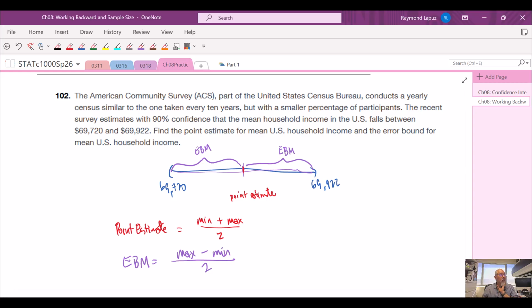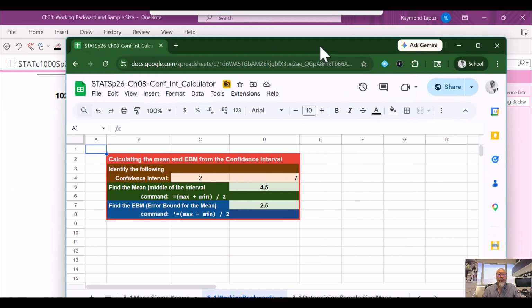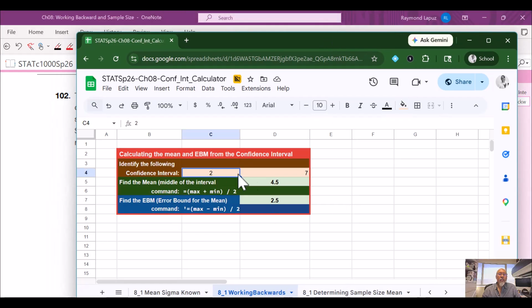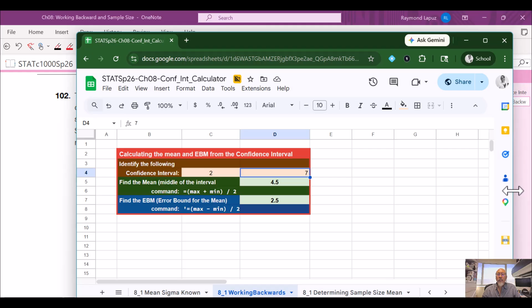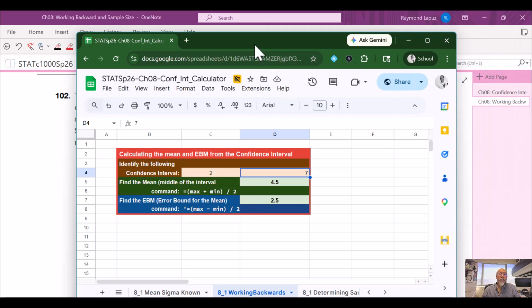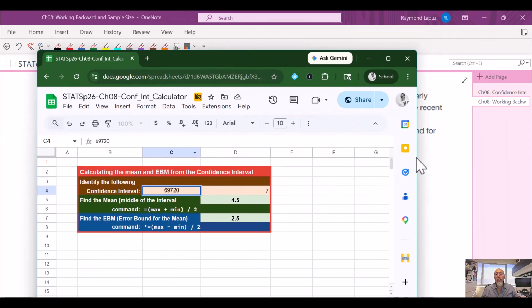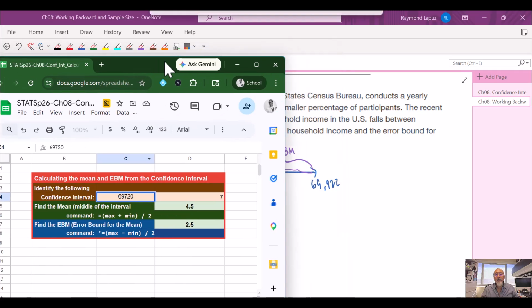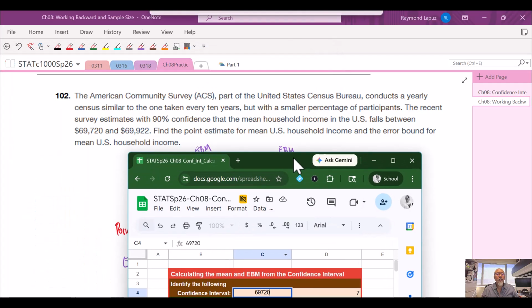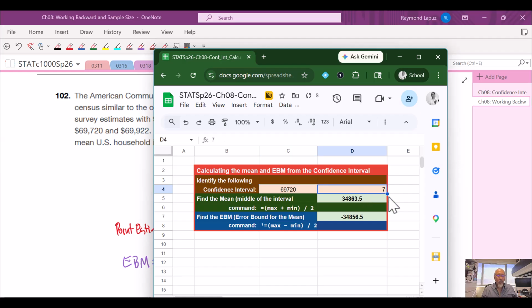All right, so let's introduce ourselves to this calculator. Here is our calculator, and all you have to do is put in the max and the min for your interval, and then it's going to do those two calculations for you. 69,720 is the first number, and the other number is 69,922.